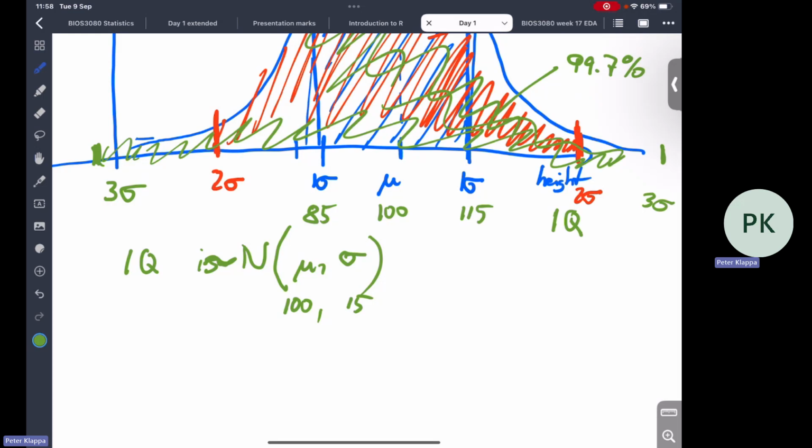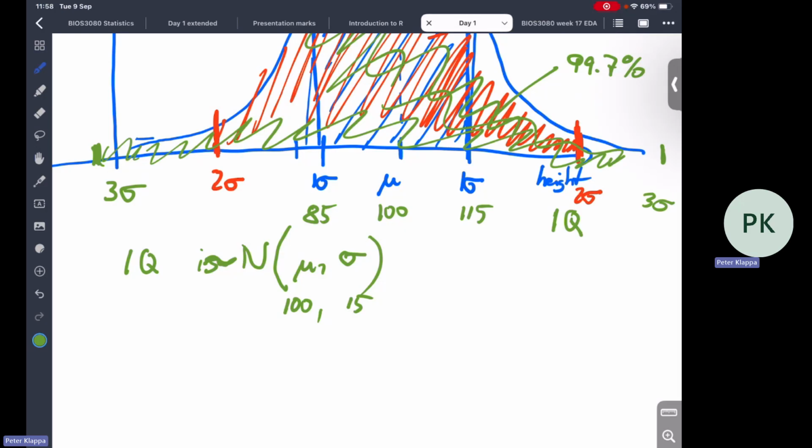So 1 standard deviation to the right, 1 standard deviation to the left. How many people have an IQ between 115 on top and 85? How many? 68%. How many people have an IQ between 70 and 130? 95%.